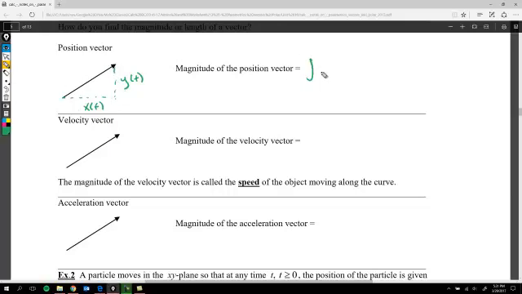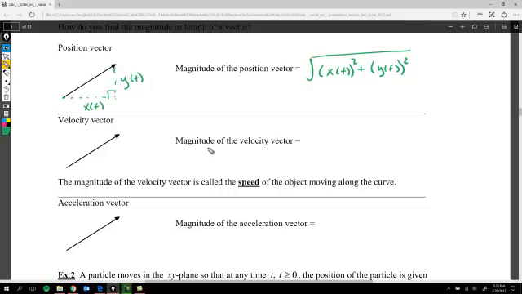So I have the square root of x squared plus y squared. As you can see, I have a right triangle here. So this is the distance formula, Pythagorean theorem, same thing.